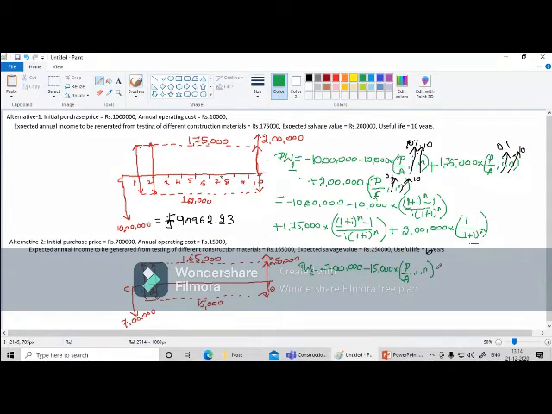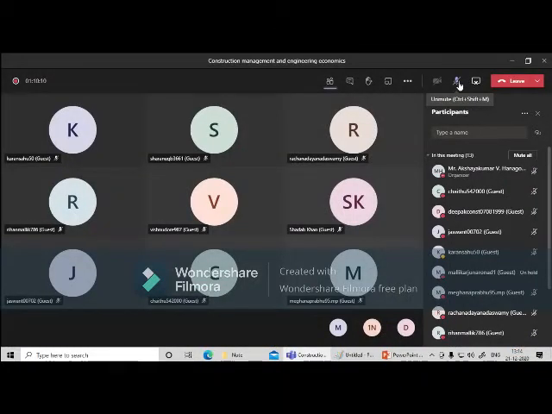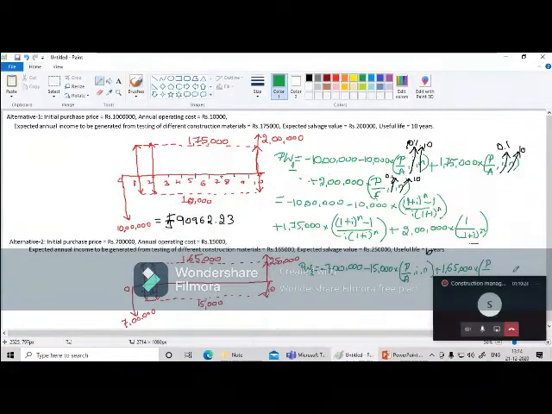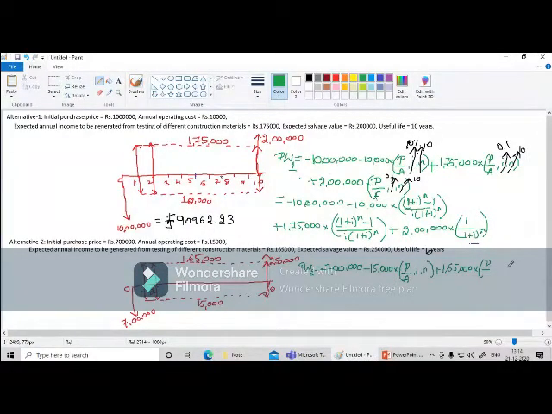Then after 15,000, what am I having? 1,65,000, multiplied by, again, P by A. This 1,65,000 is in the annual state, so I need to convert it from annual to present.